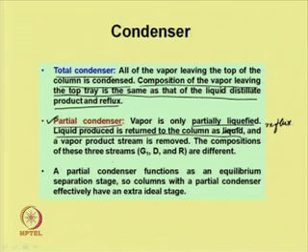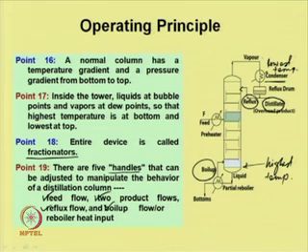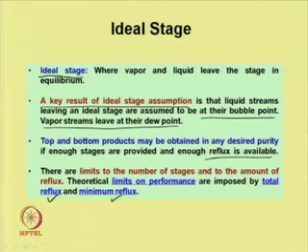The compositions of these three streams are different: the vapor phase coming at the top, say G1, the reflux R, and the distillate D. So, the compositions of the vapor after partial condensation, the vapor which is taken out, and the reflux which is liquid fed back to the distillation column, are all different when we use the partial condenser.